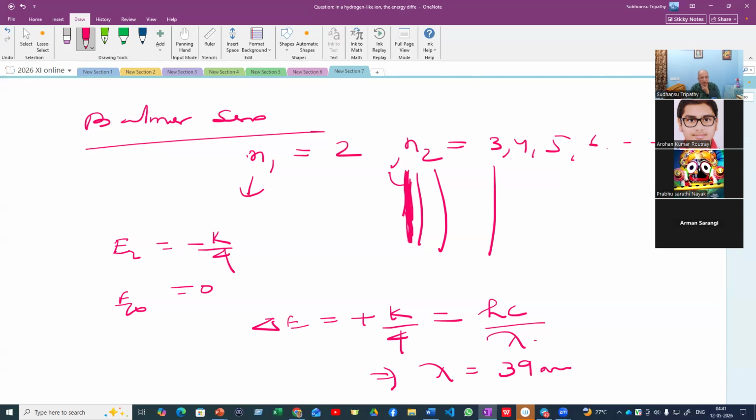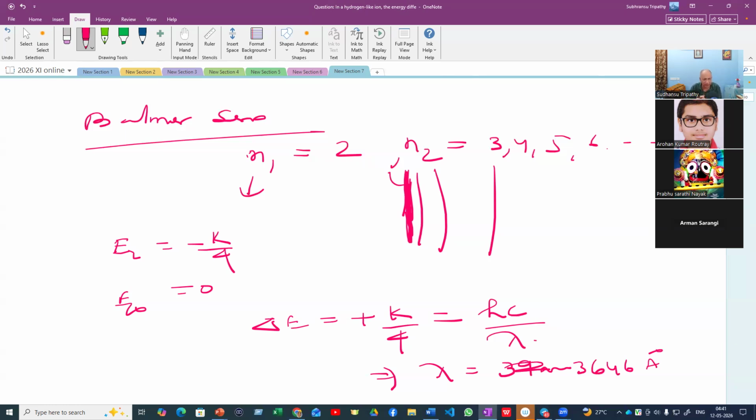You told some value, 3,000. 3646. So it is almost in the UV region, in the last part of the UV region. We take the range, it's not hard and fast, exact.